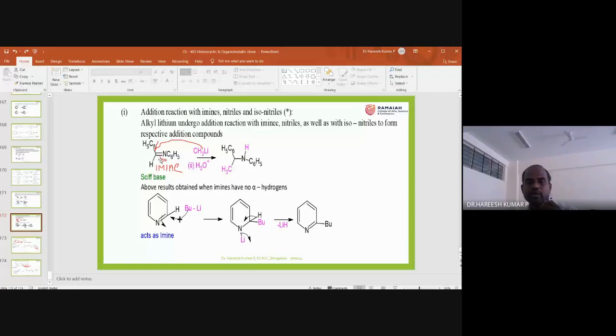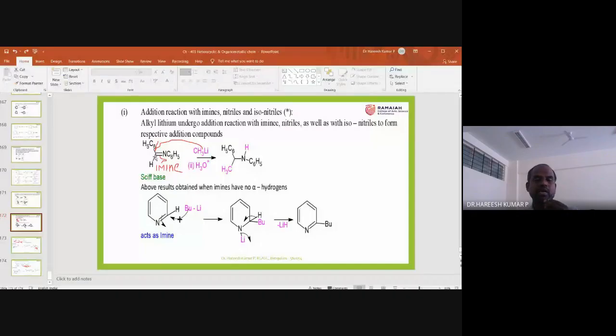In this CH3 anion form, it will attack a carbonyl carbon. This is not a carbonyl carbon; this is an imine carbon. So when it forms a new bond with this imine carbon, this bond pair picks up the lithium. Of course, that lithium is replaced with a proton when it is treated with H3O+.